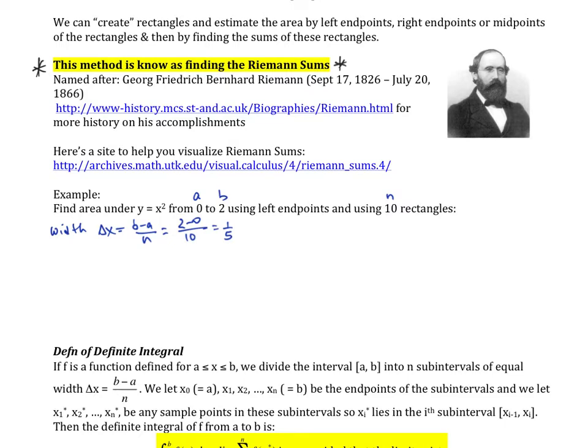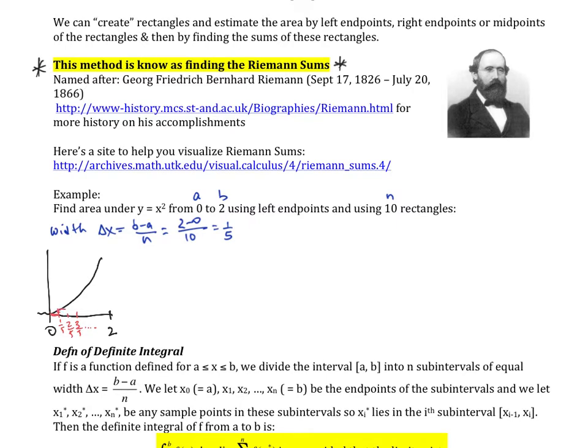So here's what I got going on. I'm going to sketch this curve. I'm going from 0 to 2 over here, and that's my a and b, and I'm using 10 rectangles, so my widths will be right here, the first one 1/5, then 2/5, then 3/5, and so on. And I'm going to use left endpoints. Since I'm using left endpoints, my first rectangle will be like this.